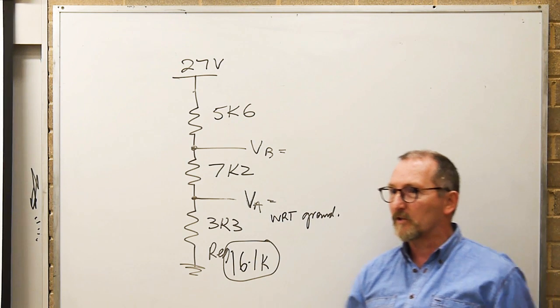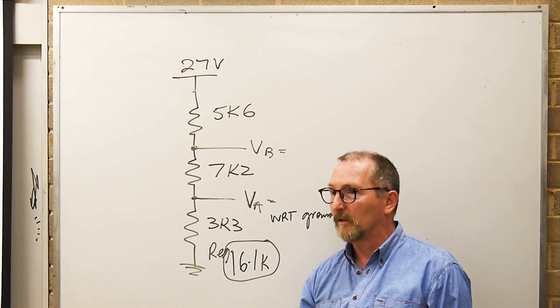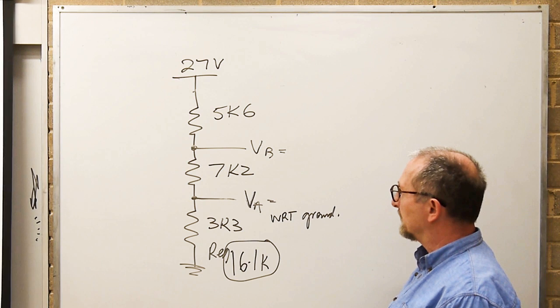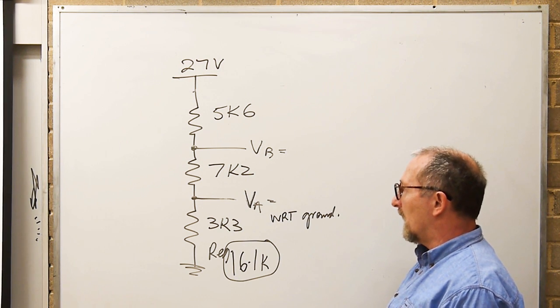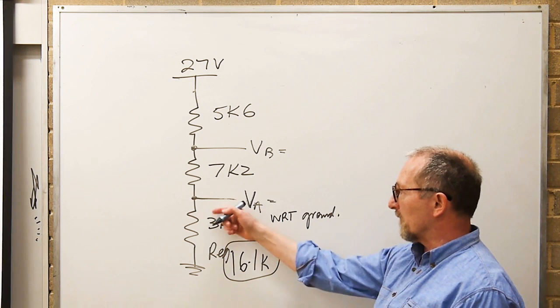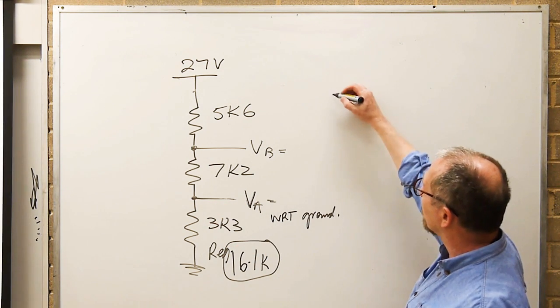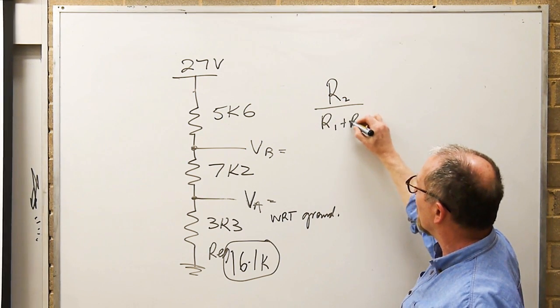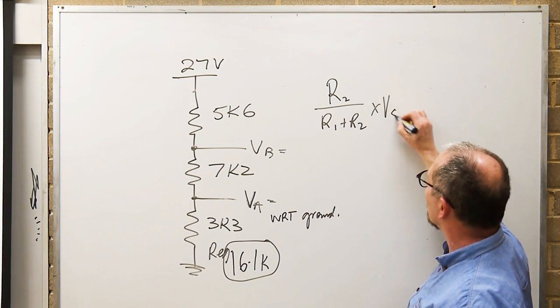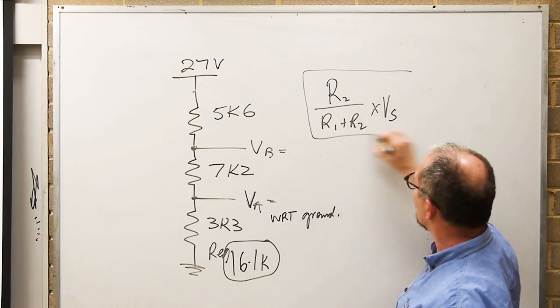It's a voltage divider, so I'd probably tend to start from the bottom. I like to think about that R2 over R1 plus R2 times VS. This is James's favourite equation.